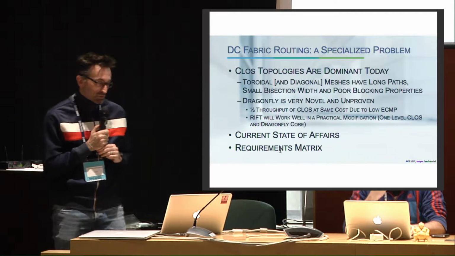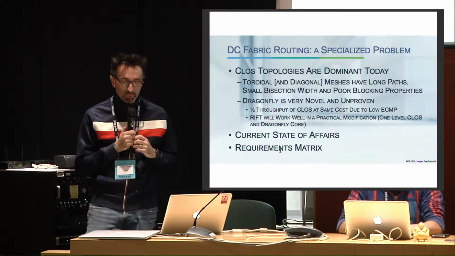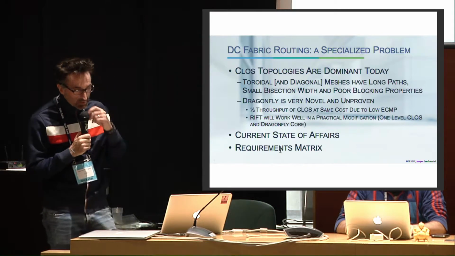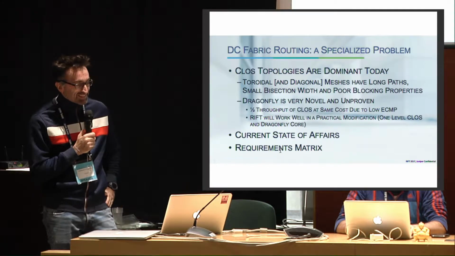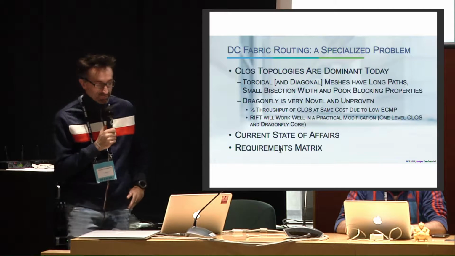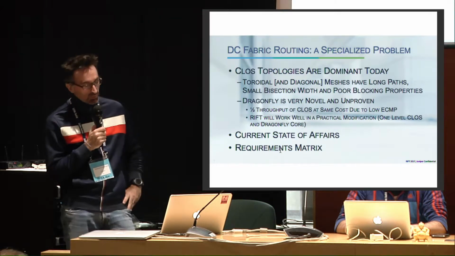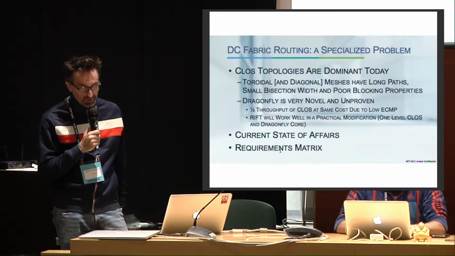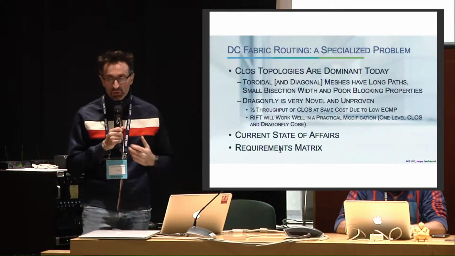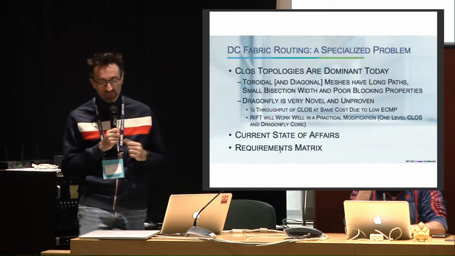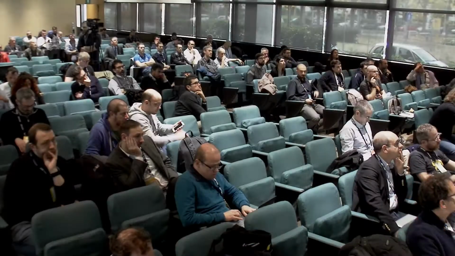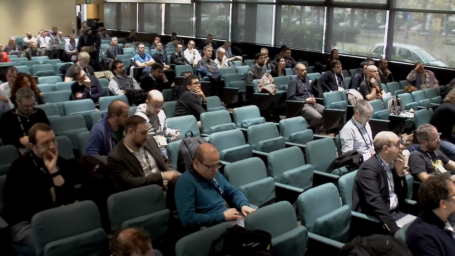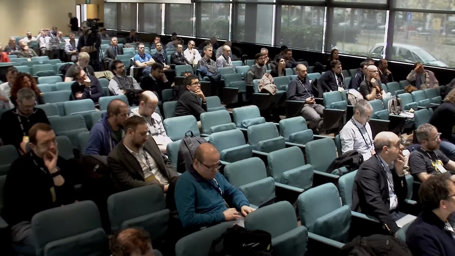As I said, today the topologies that we are seeing are derived from the Clos topologies and all the studies that happened in the 50s. Because if you take a look at spine and leaf, the topology is like a folded Clos to some extent.